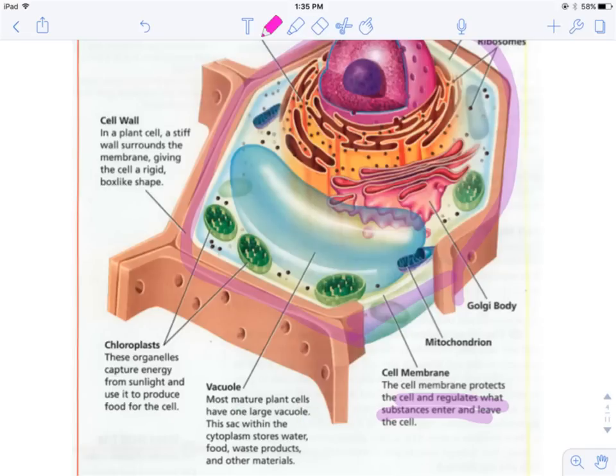And this is a sac that is within the cytoplasm where water, food, waste products, and other materials are stored. You'll also find the mitochondria that we've talked about as well, which is right there, as well as the Golgi body, which is here. And we'll discuss this a little bit later.